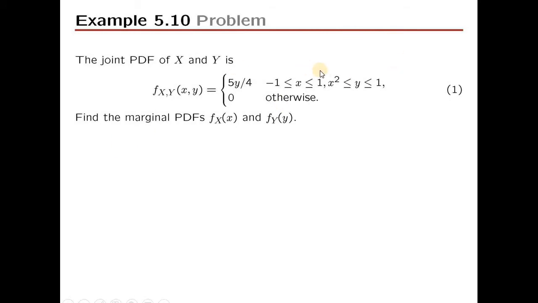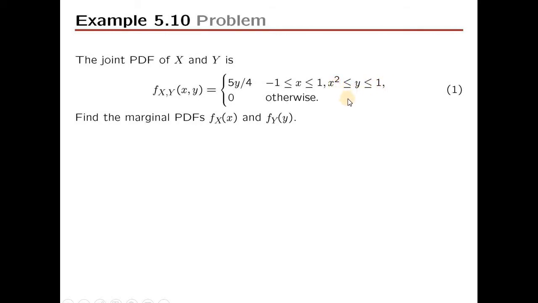Now when we have to look for ranges, for the marginal PDF of x we have to do integration with respect to y from minus infinity to infinity, but y is defined with this function, that is y is less than or equal to 1 and greater than or equal to x squared.